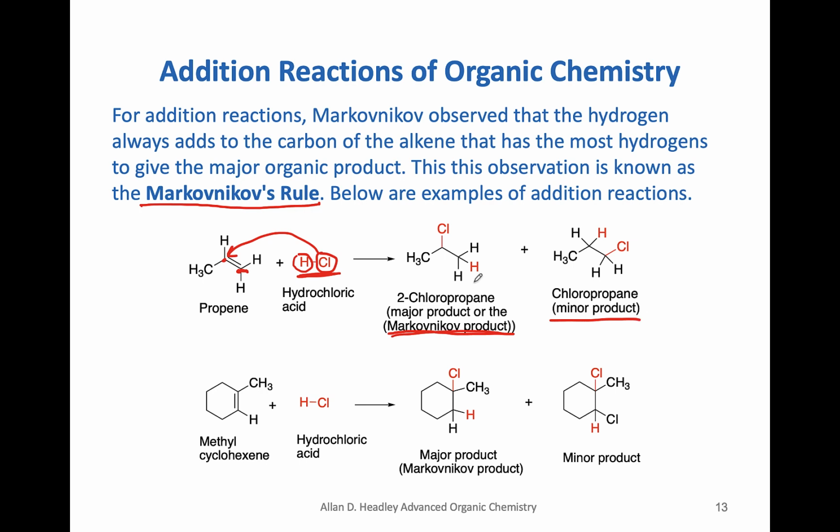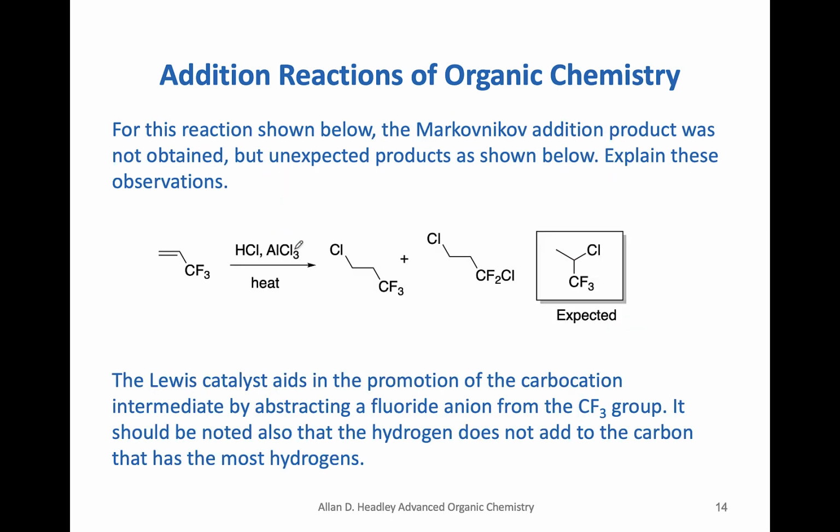So you can predict the outcome of an addition of HX, HCl, or HBr to an unsymmetrical alkene using Markovnikov's rule, where hydrogen will add to the carbon that has the most hydrogens, or you can work through the mechanism and see which carbocation is the most stable, and that carbocation would give you the major product. Let us look at this unique reaction here.